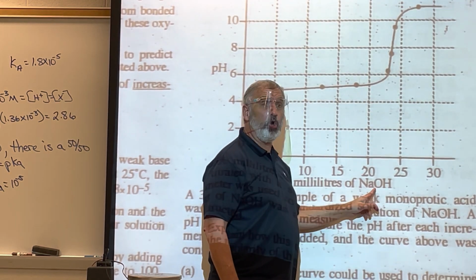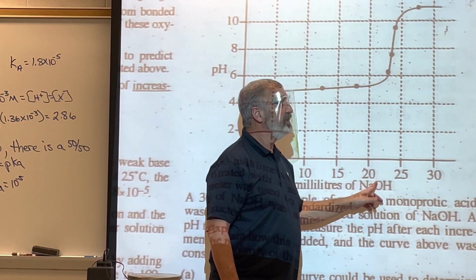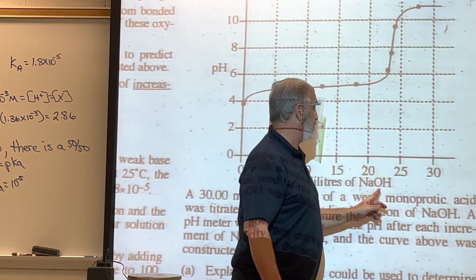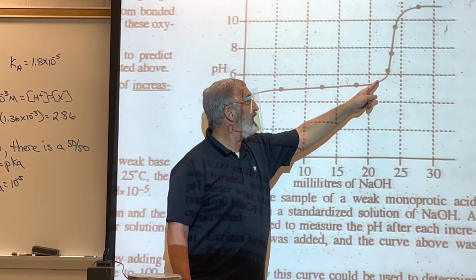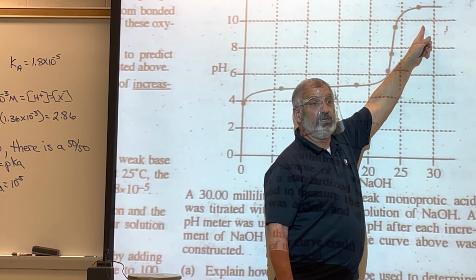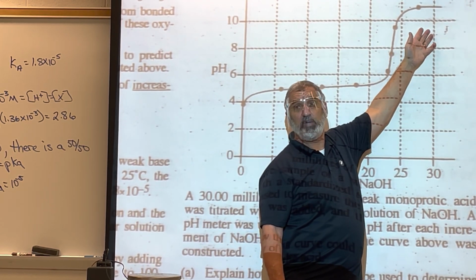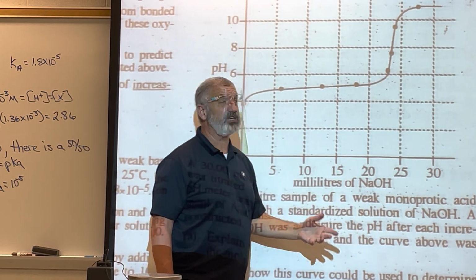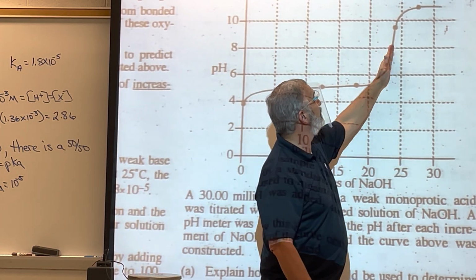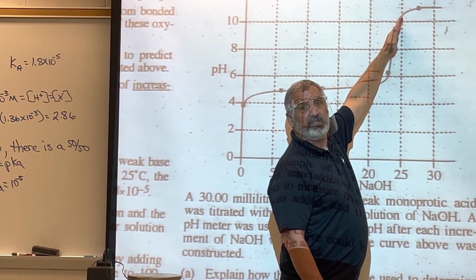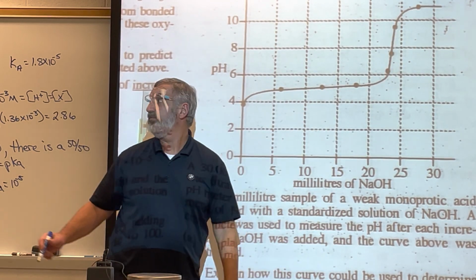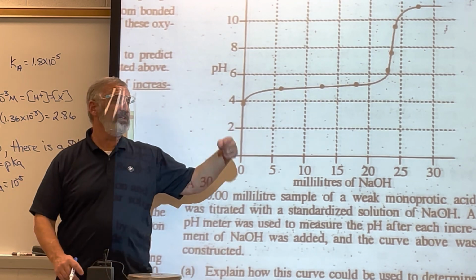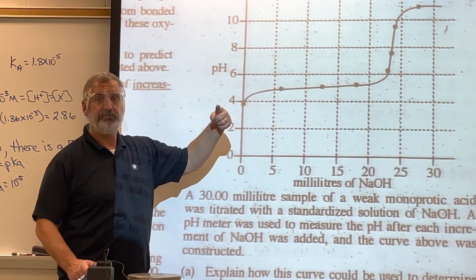And then we're adding in a whole bunch of strong base, NaOH. So now the pH is really just dependent upon the concentration of the NaOH. We have some X minus still present, but it's the presence of the high quantity of OH minus from this that determines the actual pH. That's why there's this huge increase right off the bat, because all of your buffer is gone, and now we're just adding in OH, and it's just building up rapidly.